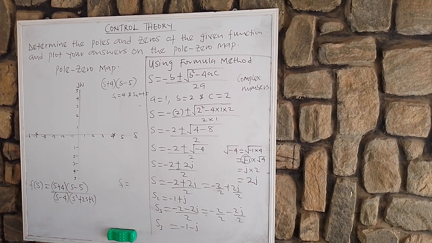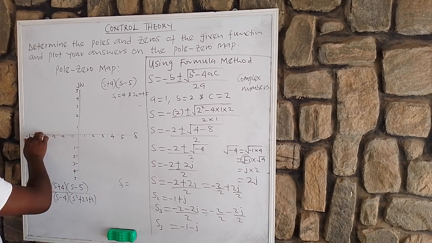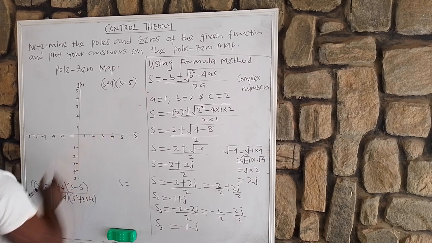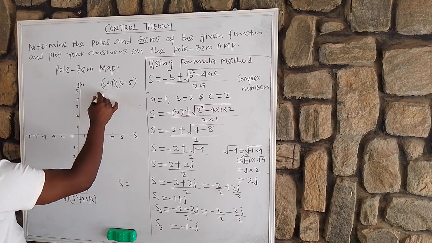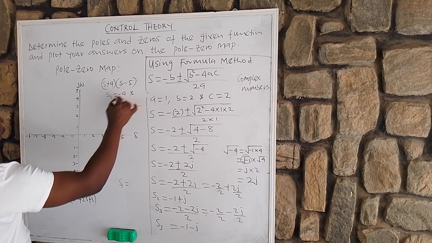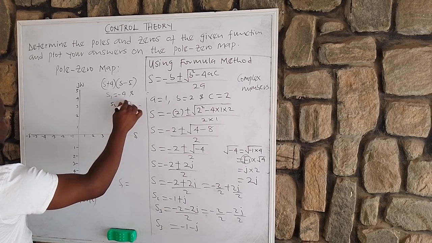So it means if that is the case, our s1 is equal to minus 4 and s2 is equal to plus 5.